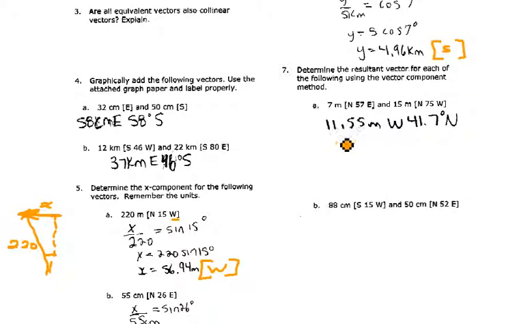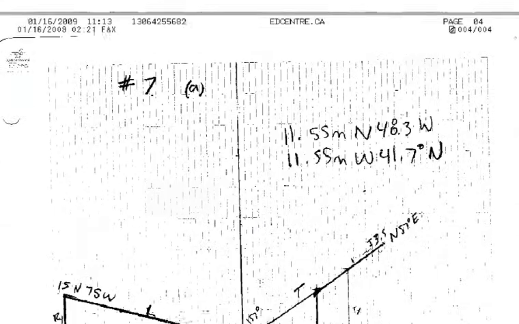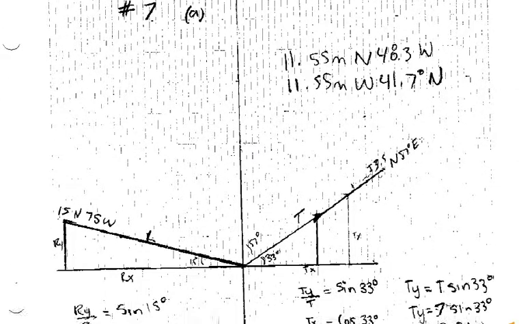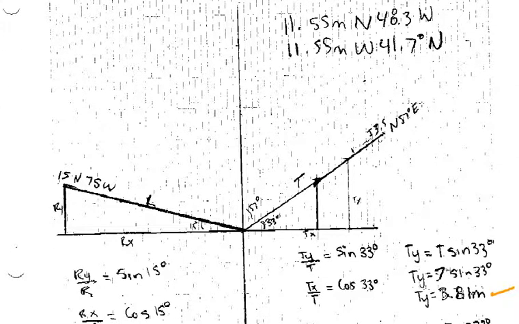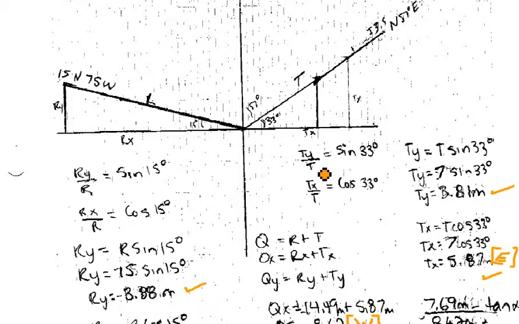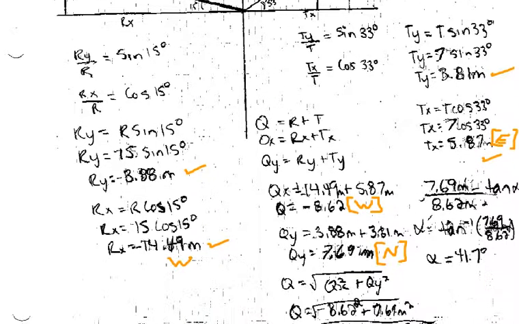The answer that you have here, I believe, is correct. I'm going to skip that and go straight to number 7. Obviously, number 7 had a lot of work to it, and you did every step in number 7 correctly. It's a little bit hard to see, but I think you have negatives in some places, which is good.